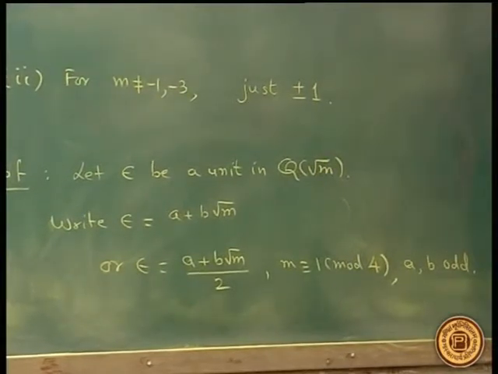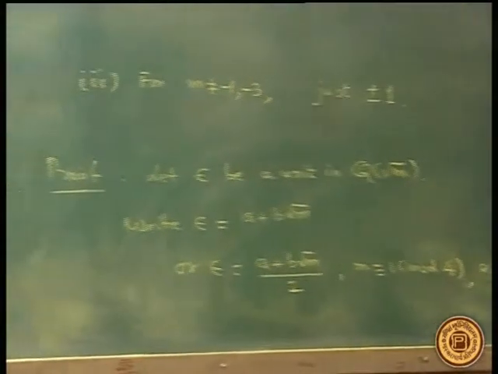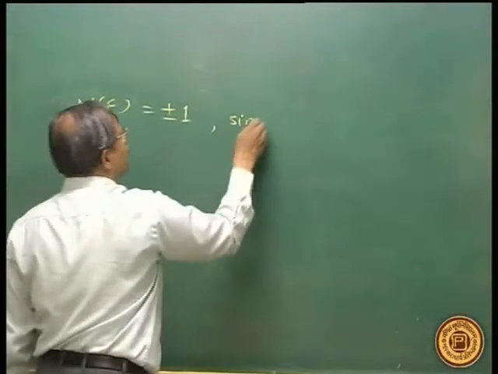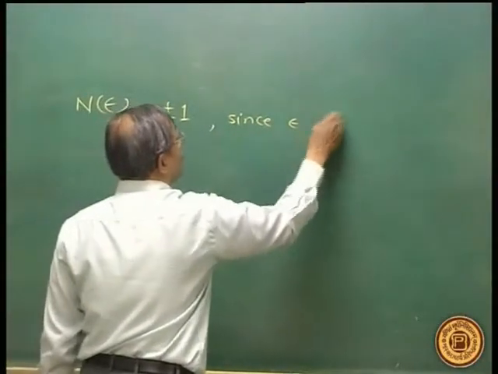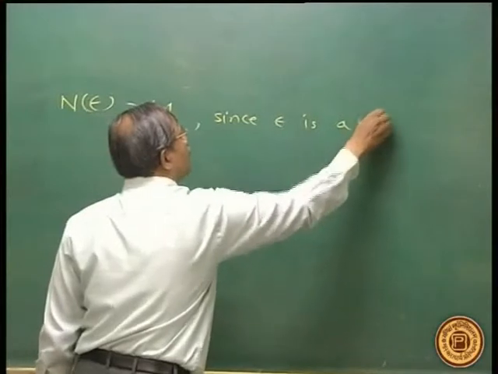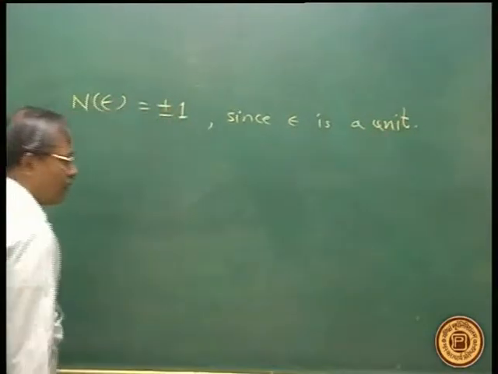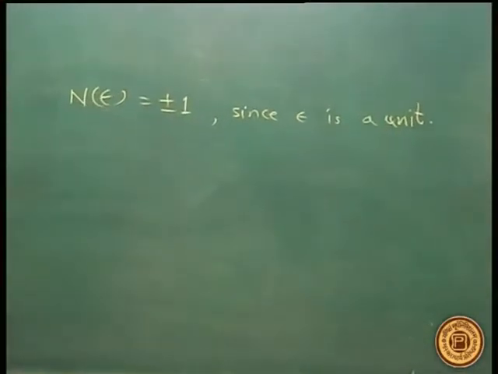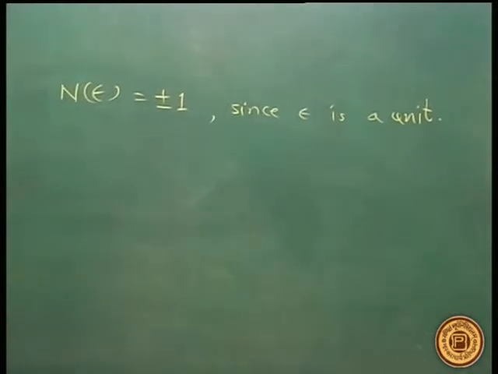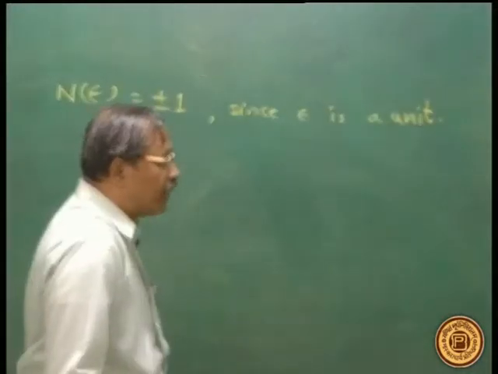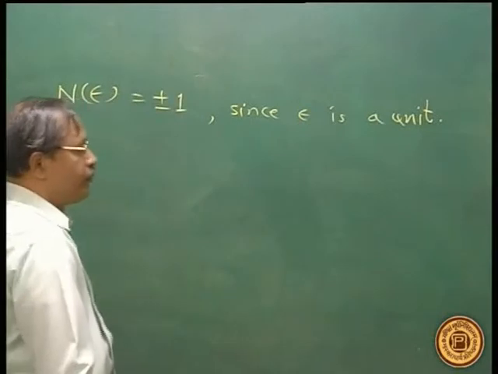What is the norm of epsilon? Norm of epsilon equal to plus or minus 1 since epsilon is a unit. Now if you use the formula for epsilon, that way of writing a plus b root m, what is the norm?